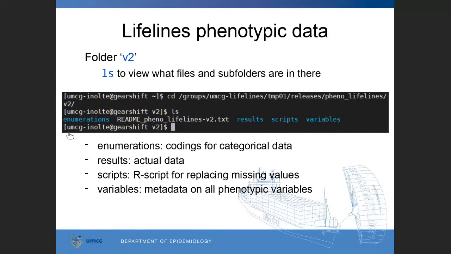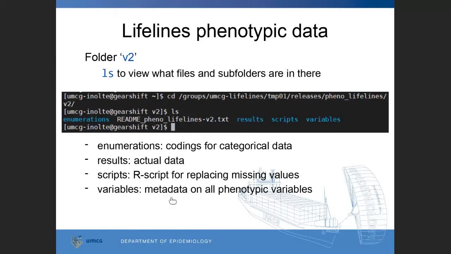The enumerations folder contains data coding for categorical data. So for a categorical variable, it will tell you what the value of 1 means and what the value of 2 means. In the results folder, there is the actual data.